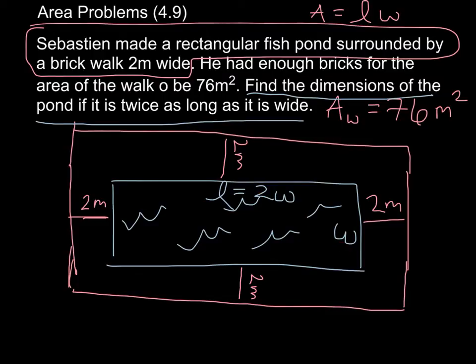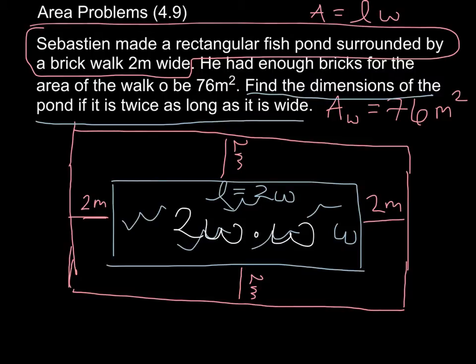Okay, so if I were to find just the area of this part right there, then length times width is the area of a rectangle. So in here, this inner rectangle is going to be 2w times w, right? So taking the length and the width and putting it right there, I've got 2w times w. And I know that the outer part right here, this area, is 76 meters squared for the brick walk there.